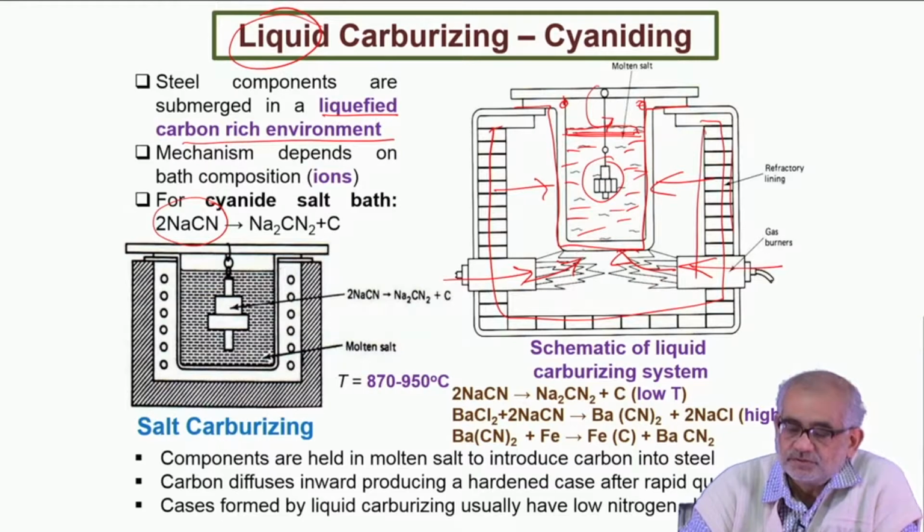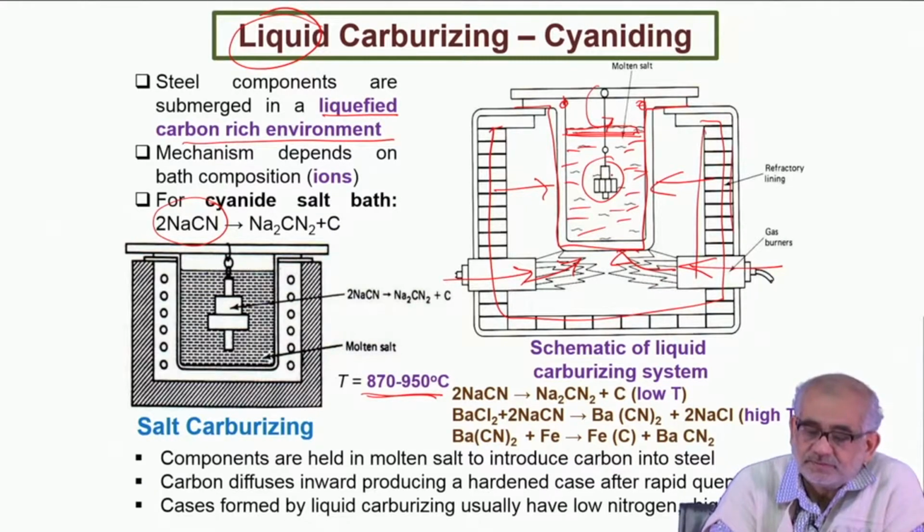So once on, we always maintain it in the molten state, but obviously the temperature can be decreased. We reduce it to maybe just a few hundred degrees, maybe 300, 400 degrees centigrade, where the salt will still be in a molten state.